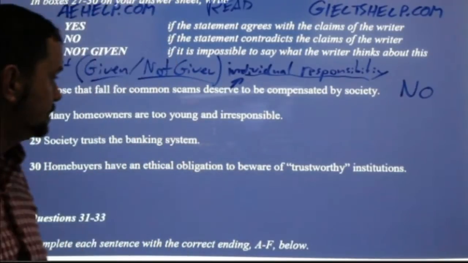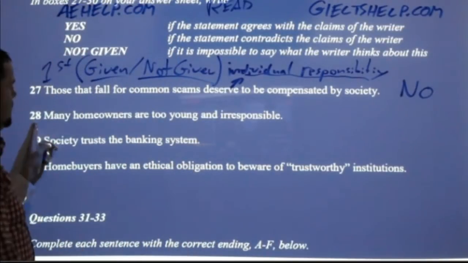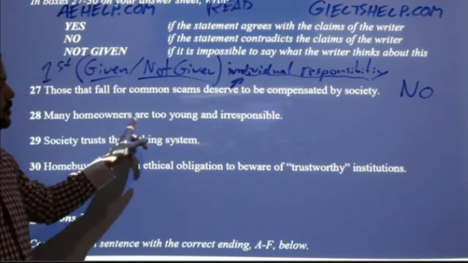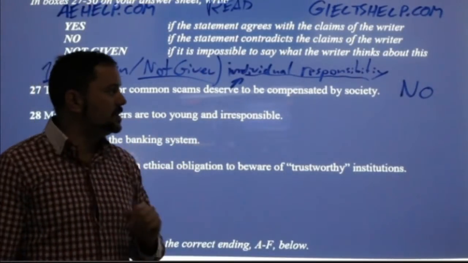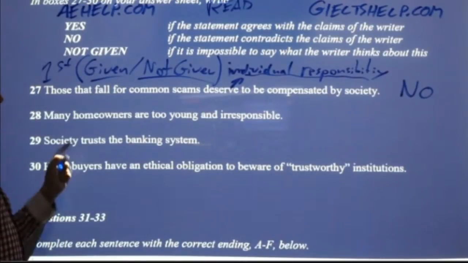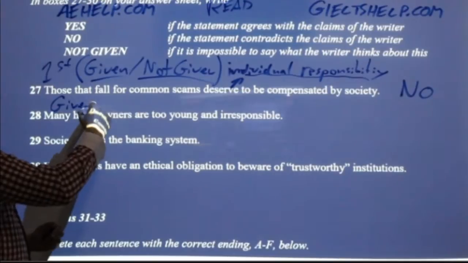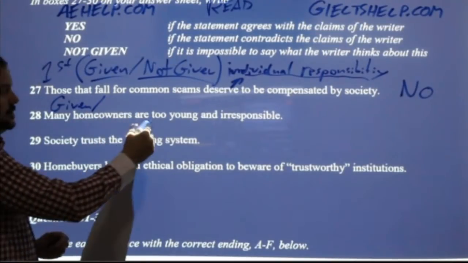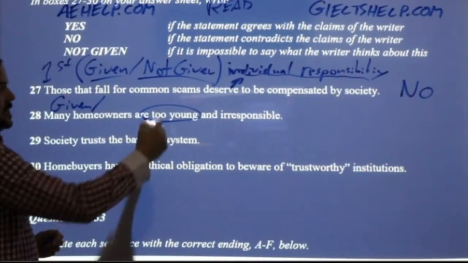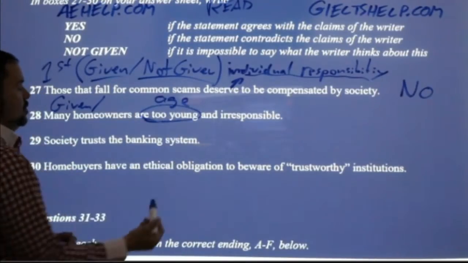Okay. All right. Number 28, many homeowners are too young and irresponsible. So again, I want to figure out given or not given. So is it important to know the age? So the focus is too young, so it's the age of people who buy the home.